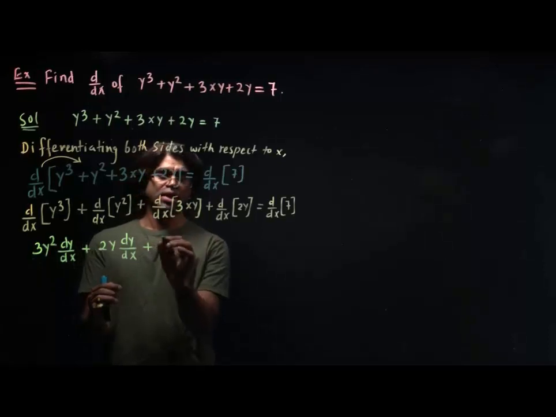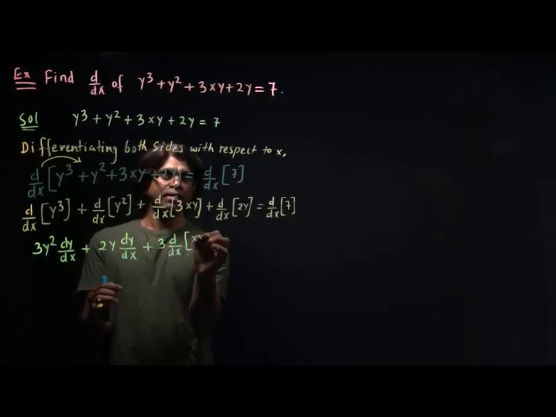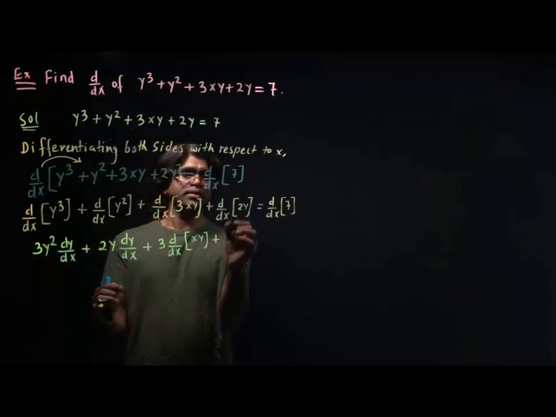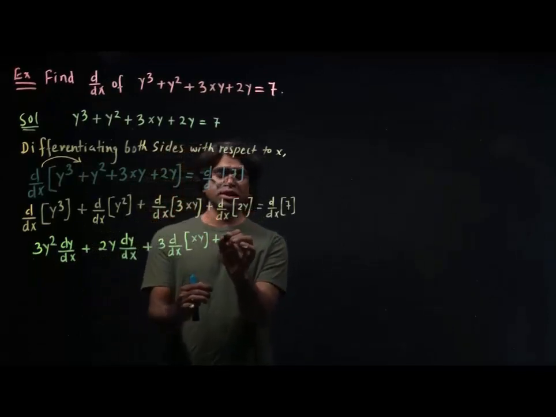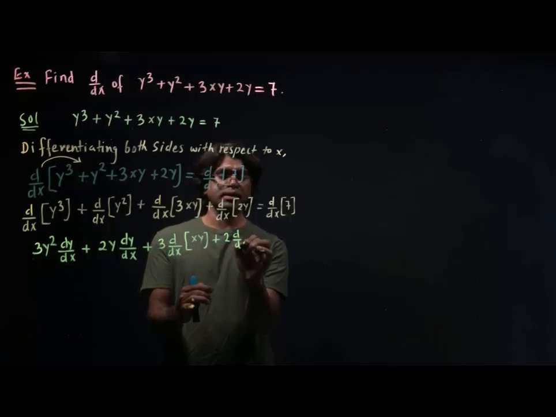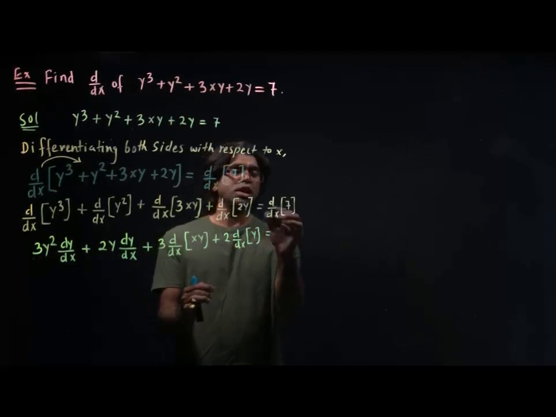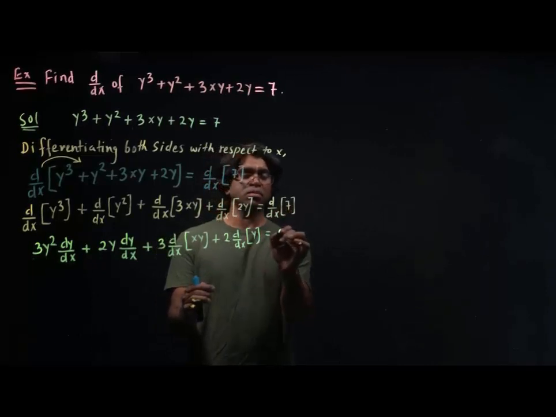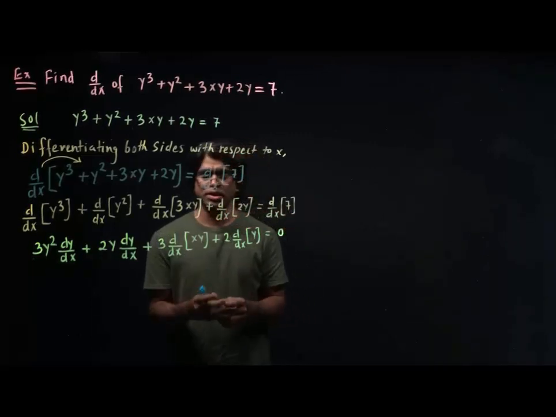Plus my 3 is constant, so I will take 3 outside and write d by dx of xy, right? Plus my 2 is constant over here, so I will take 2 outside and write d by dx of y, that is equal to d by dx of 7, which is 0 because 7 is a constant.